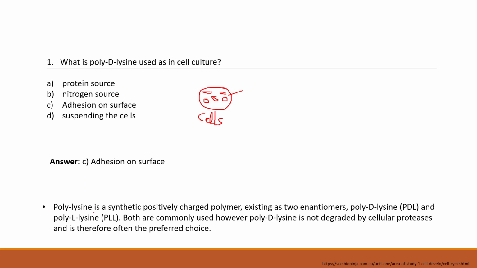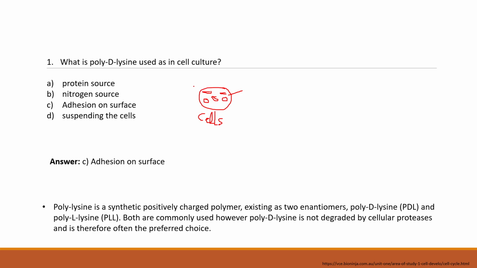Because polylysine is a synthetic positively charged polymer existing as two enantiomers, poly D lysine and poly L lysine. Both are commonly used. However, poly D lysine is not degraded by cellular proteases and is therefore often the preferred choice. You can use poly L lysine also. Many people use poly L lysine, but since poly D lysine or poly L lysine is what?